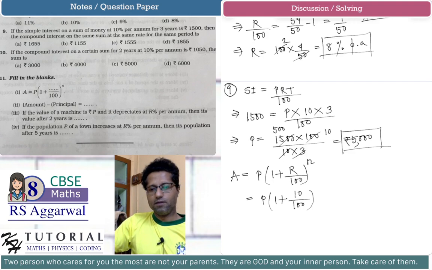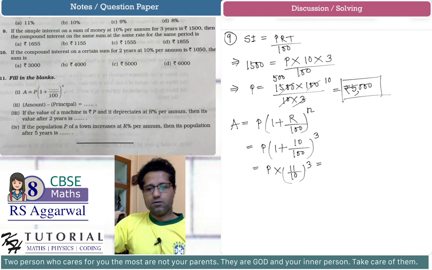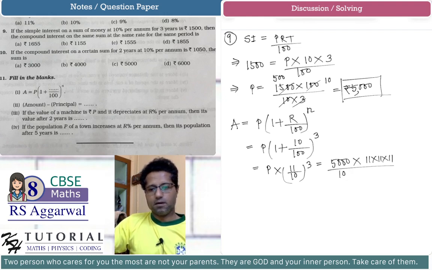So N will be 3. So this is equal to P multiplied by 11 by 10 cube. This is equal to P is 5000 multiplied by 11 cube by 10 cube.